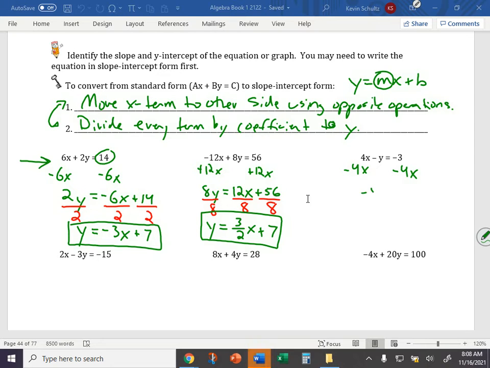That leaves us with a negative y on the left and a negative 4x minus 3. It's a negative 4x because we subtracted it to move it over. It's a negative y because this subtraction sign belongs to the variable. And it's a negative 3 because it was negative 3 originally. So it's a minus 3.